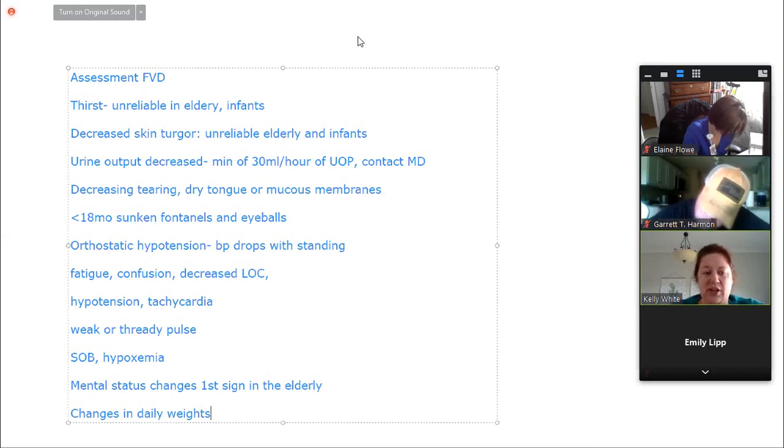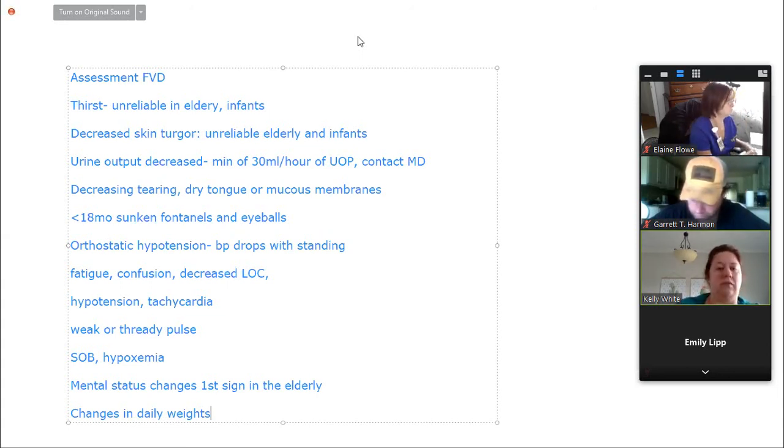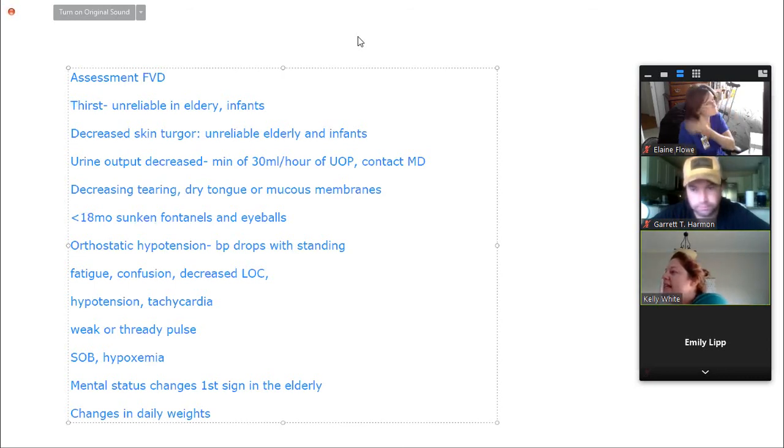So it's going to tell you right away if they've lost a pound or two or if they've gained a pound or two. Okay. And I think I actually have y'all a handout somewhere too that has some more assessment findings for dehydration.